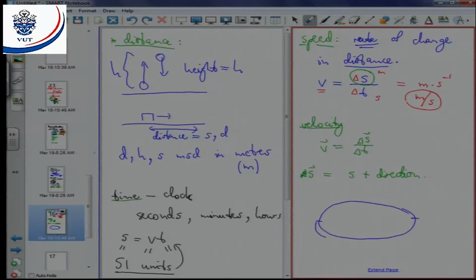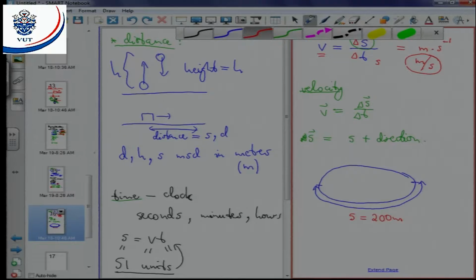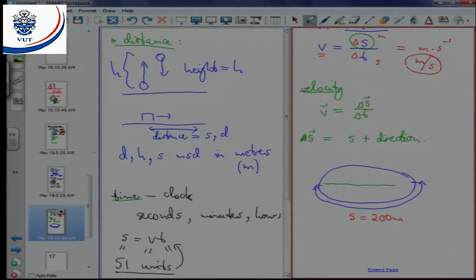So someone runs from here all the way over there, then the distance they've covered, which I called S, so the distance S would be the 200-meter race, whereas the displacement, as you can see, is different. So displacement has direction, it is from the starting point to the end point, and you draw a straight line. So my line is not as straight as it should be, but it's one straight line and it's directed towards the finish point. So this is where they start the race, and that's where they finish the race.